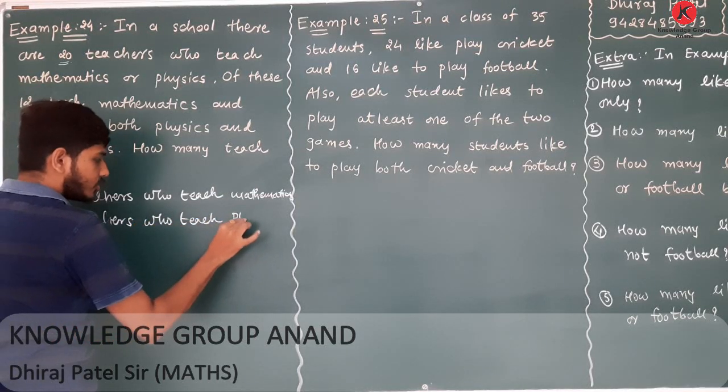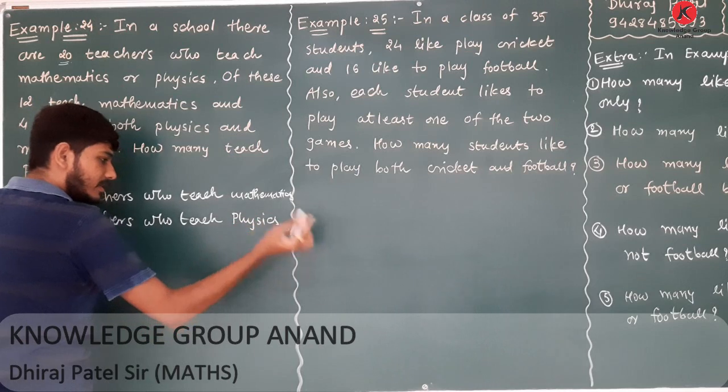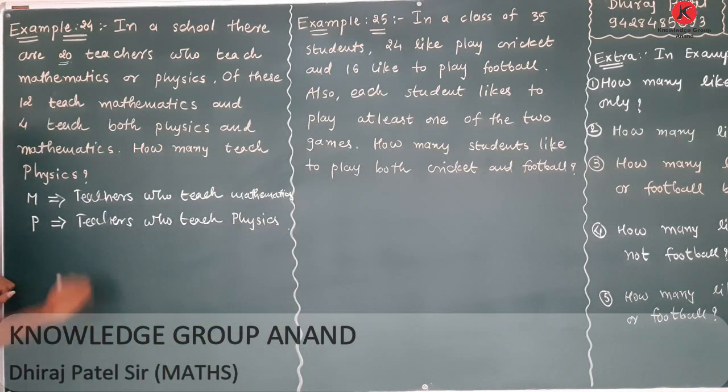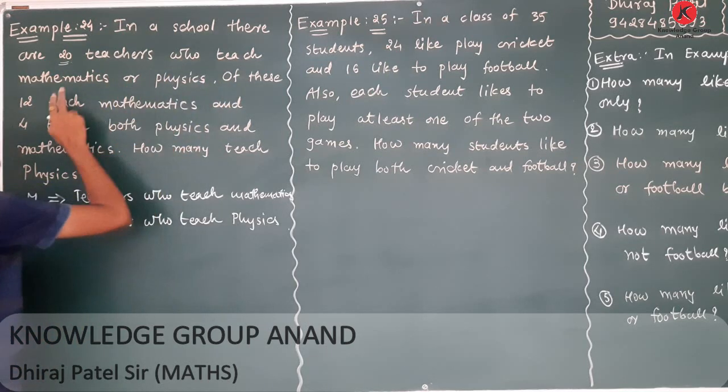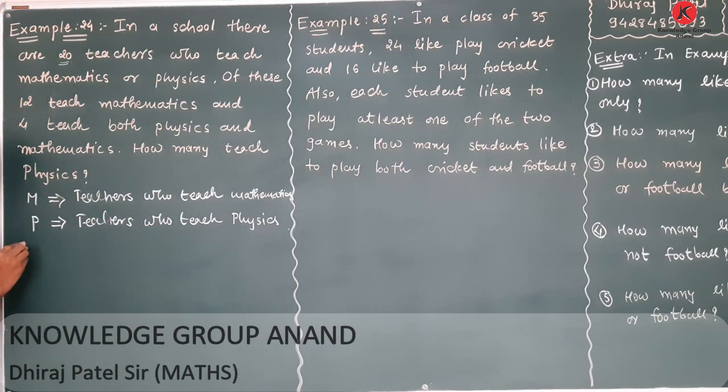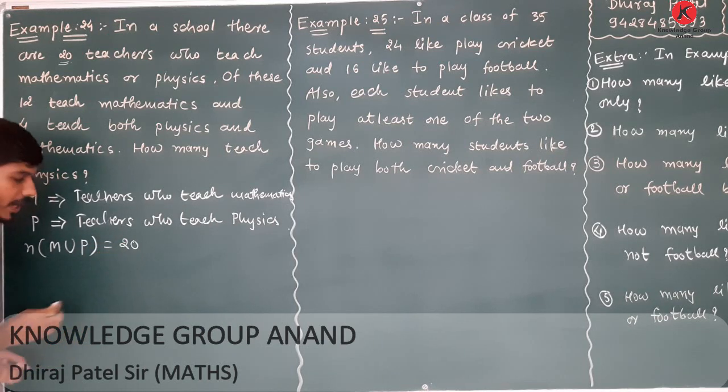Clear? First of all, you have to name the sets given in the question. Now, write down the data. 20 teachers teach mathematics or physics. That means the number of elements in mathematics or physics, M union P, equals 20.